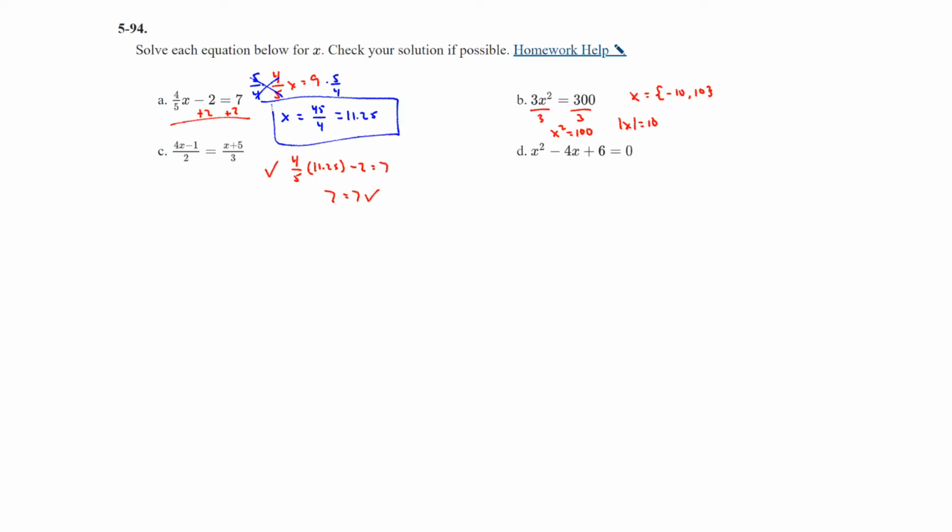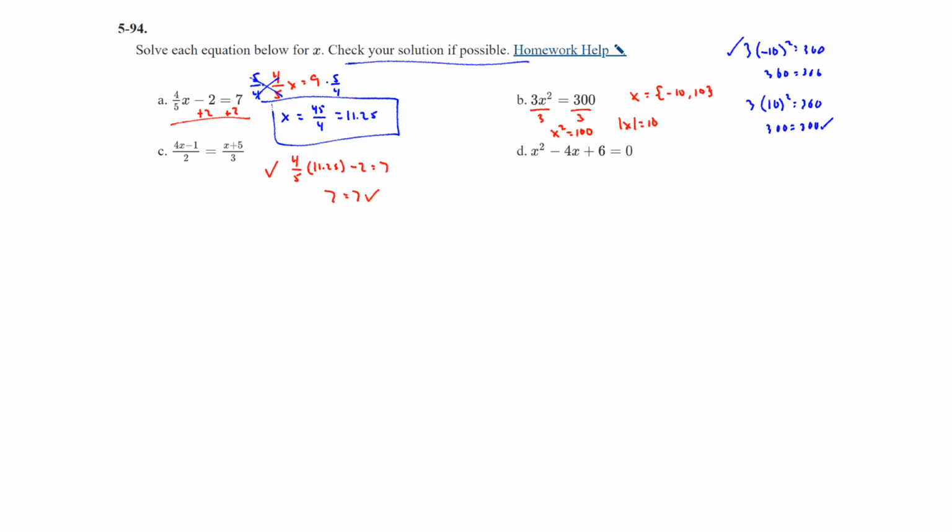So you get 2 solutions, negative 10 and 10. And then same thing when you go to check your solutions, it's just 3 times negative 10 squared equals 300. And that works. And 3 times positive 10 squared equals 300. And that is also correct. So it does check.